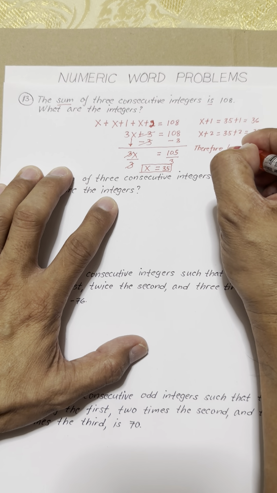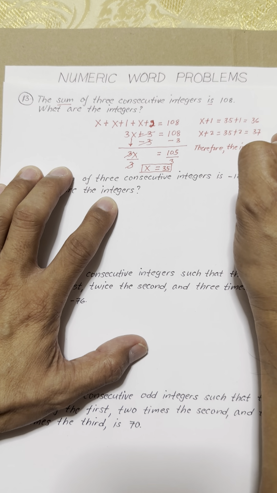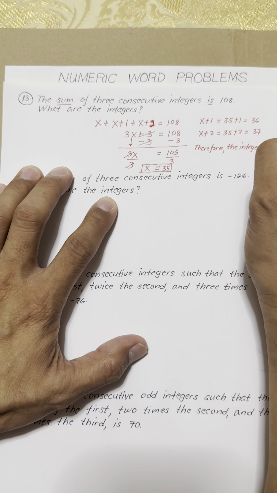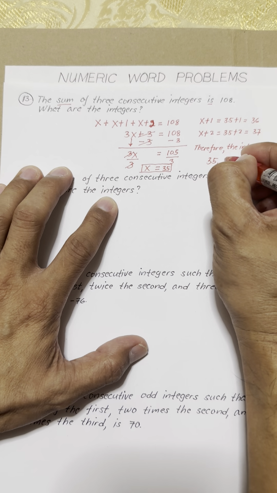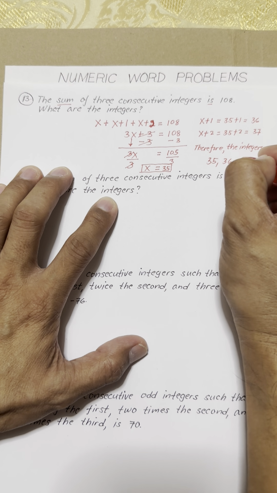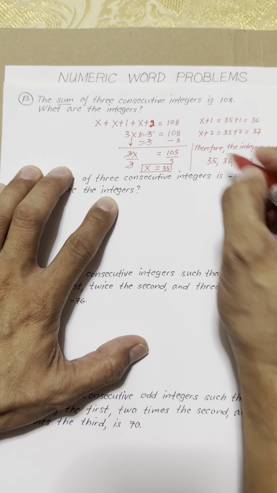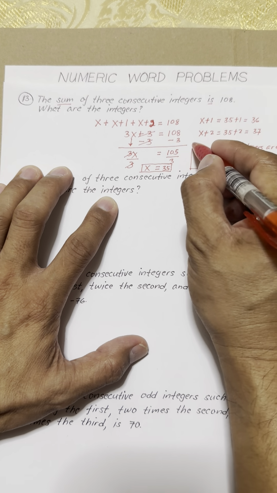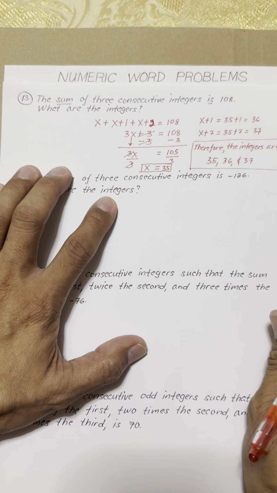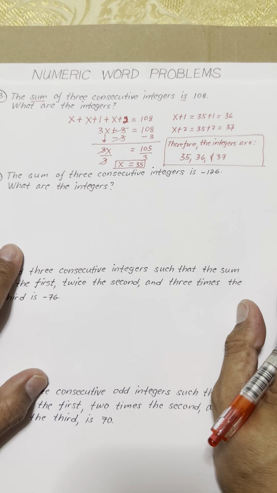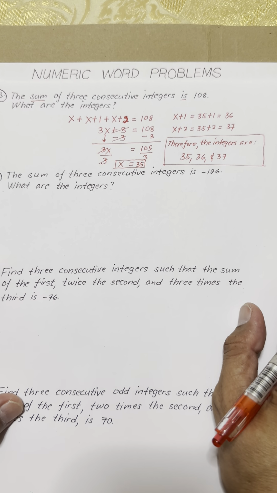Therefore, the integers are 35, 36, and 37. So this is our final answer. Okay, so this is problem number 13.